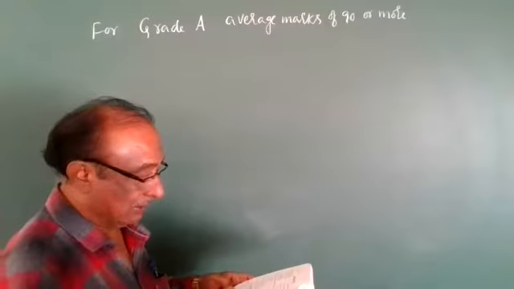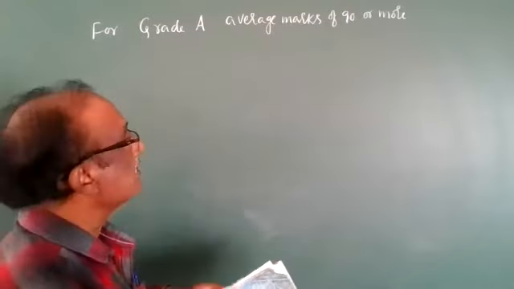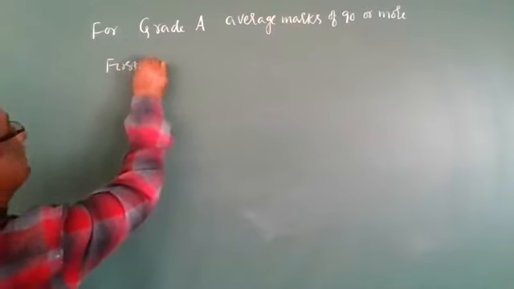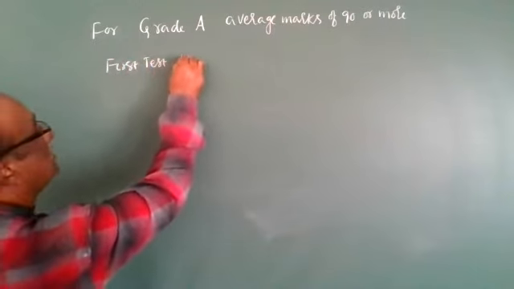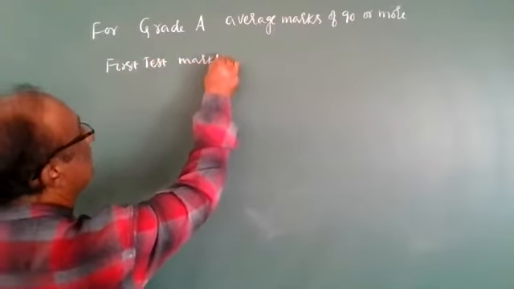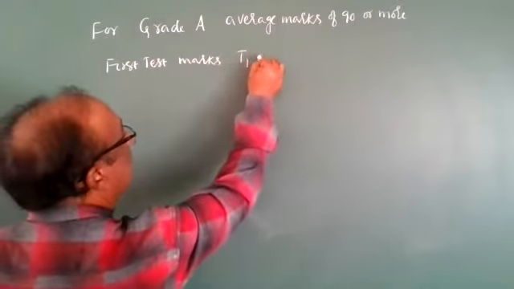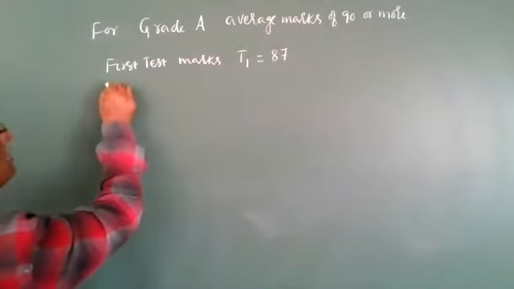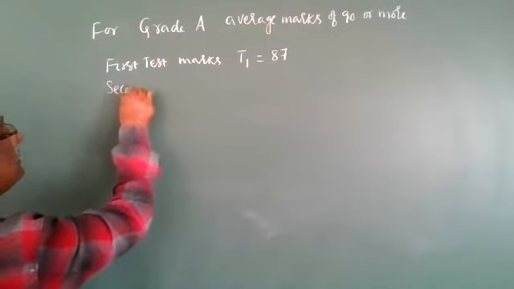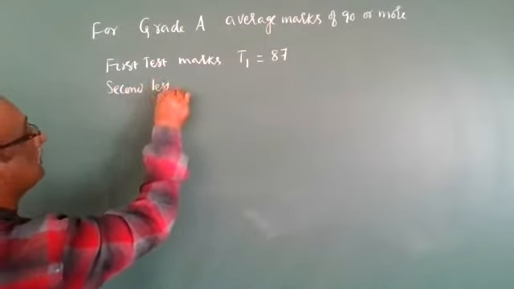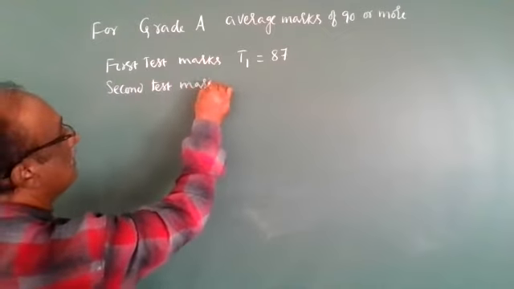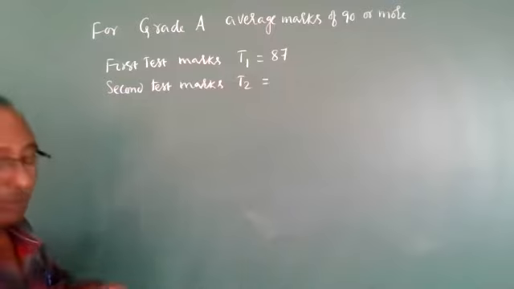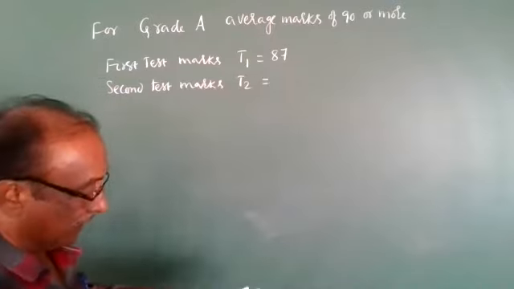Fourth, Sunita in the first five tests. First test marks, T1, is given as 87. Second test marks, T2, is equal to 92.